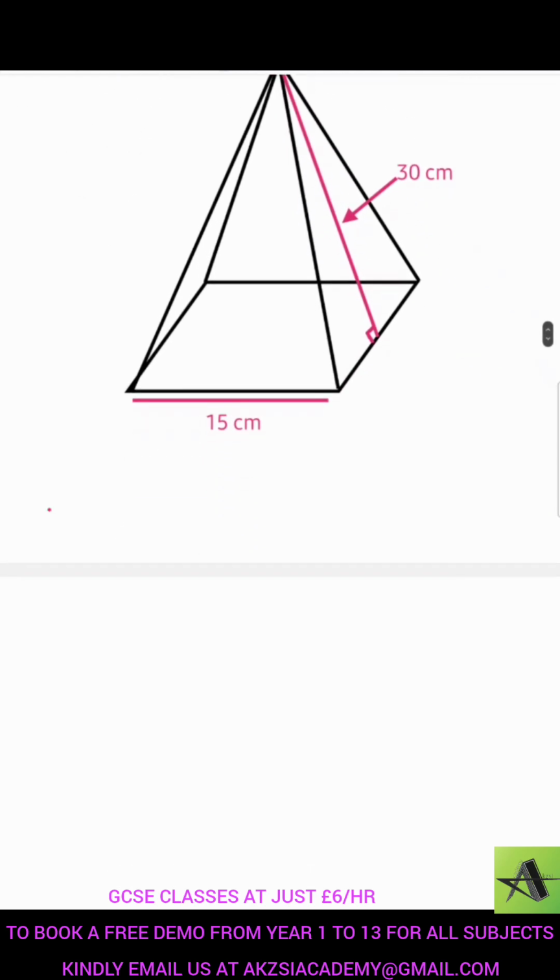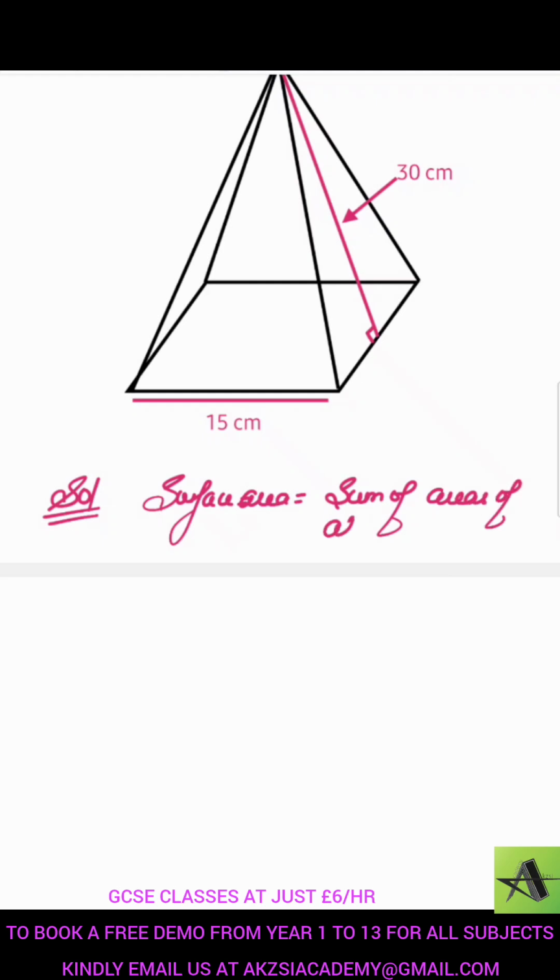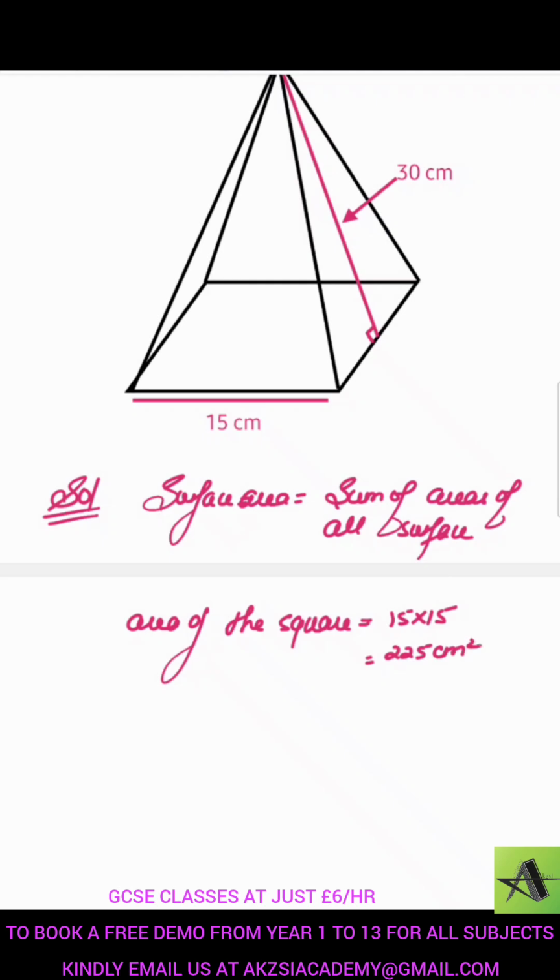So I'm starting with surface area is the sum of areas of all surfaces. First we have to calculate the area of the square. The area of a square is length times width, and length and width are both the same. So it's going to be 15 times 15, which is 225 centimeters squared.